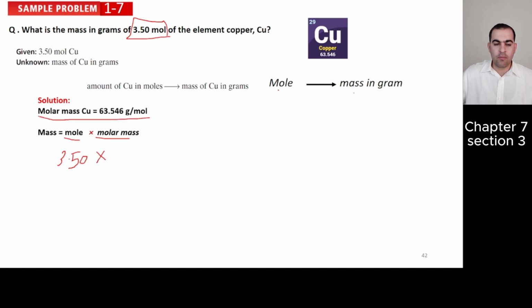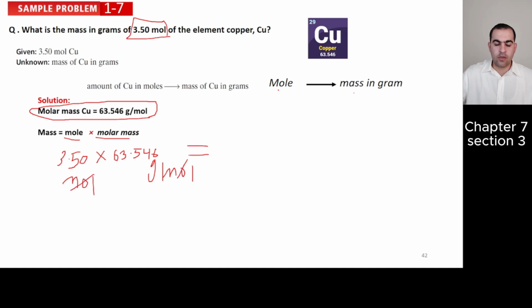Look, the molar mass of copper will be given in the exam. 63.546 gram per mole. Here also we need to write the unit of mole. Mole and mole cancel out each other.